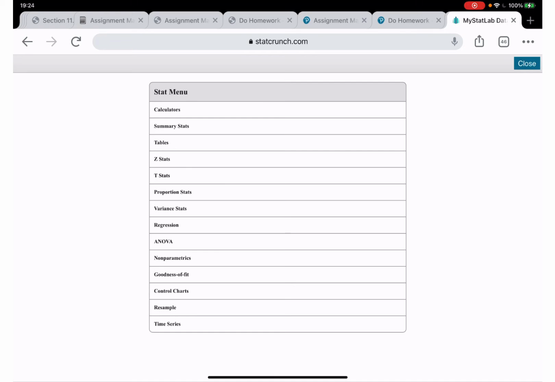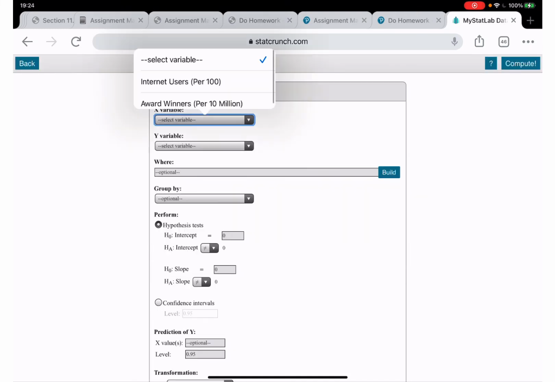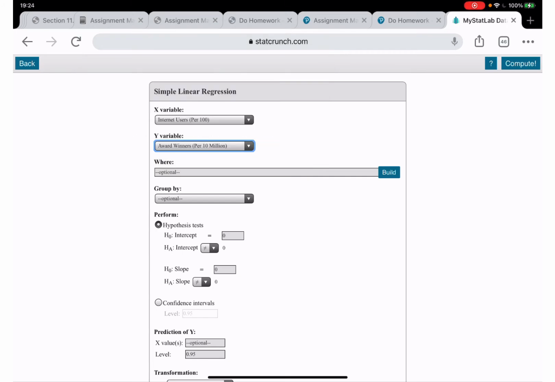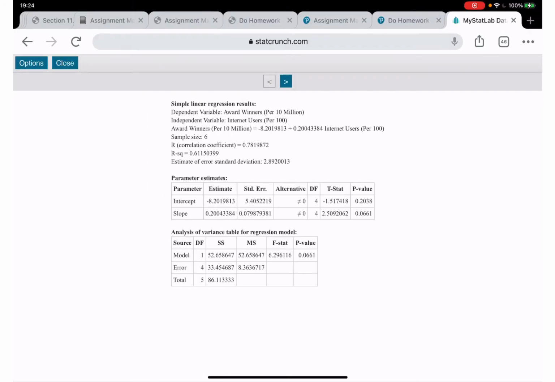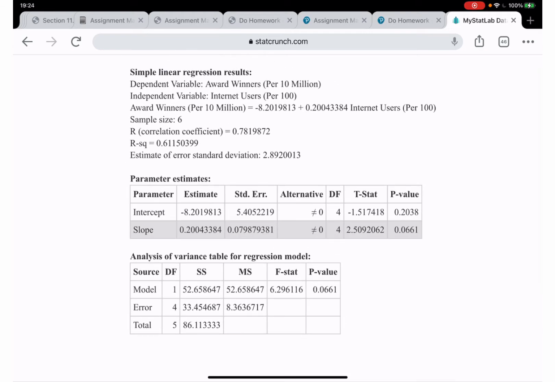StatCrunch, regression, simple linear, and here we have this one x, here we have y, and we are getting compute. Okay, so let's write down what we have.